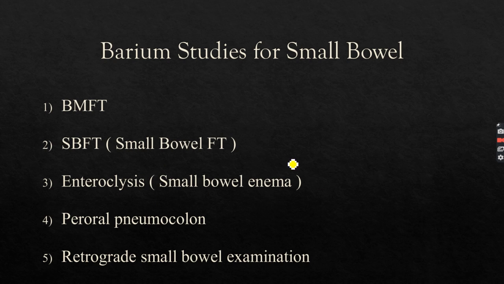Enteroclysis is known as small bowel enema. Then per-oral pneumocolon. Few indications are there for this per-oral pneumocolon. We'll come to this point also. And sometimes, if required, retrograde small bowel examination may be done. This is not frequently required, but yes, this is one option that is also available.